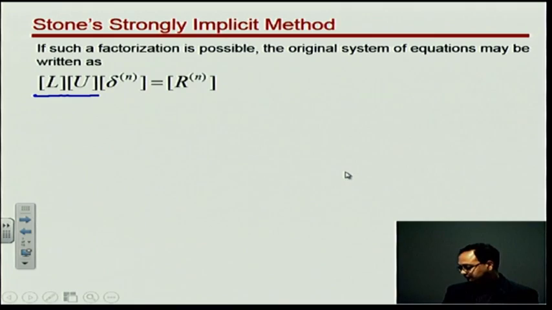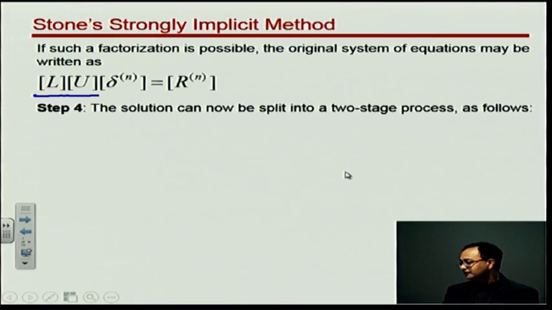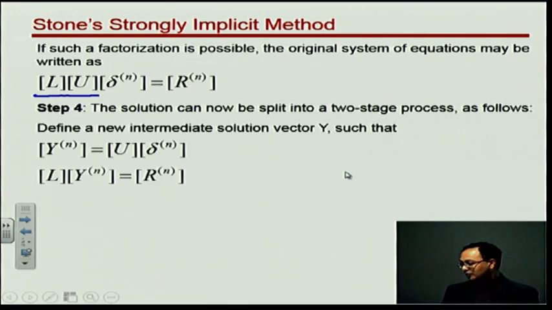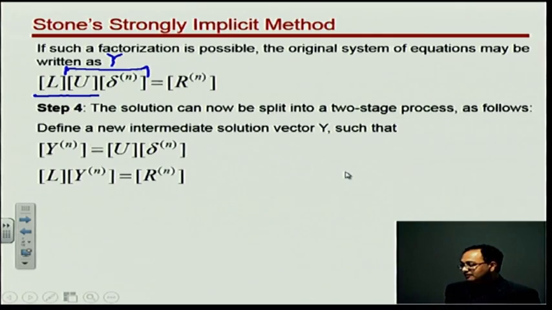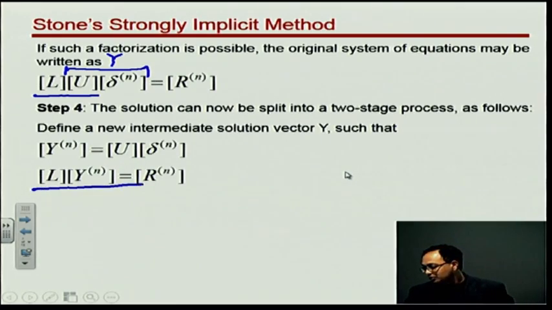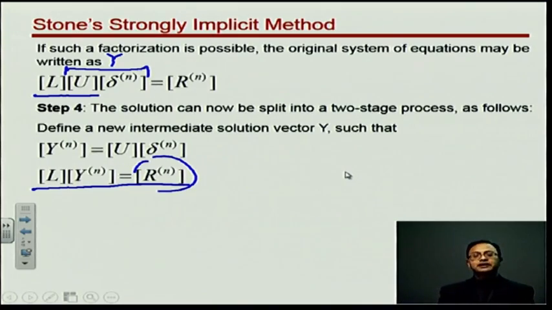If we are able to do that, then we can split up the solution into two stages. We can define another quantity, this part here, which we can call Y. We first solve L times Y equal to R. At any iteration my residual is known because I've started with a guess, I compute my residual, so I know my residual vector.